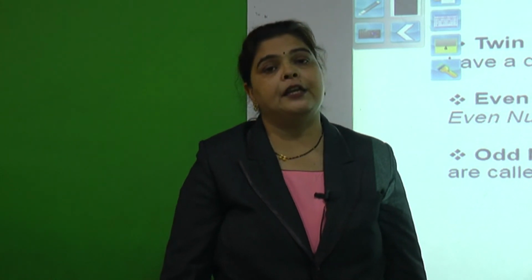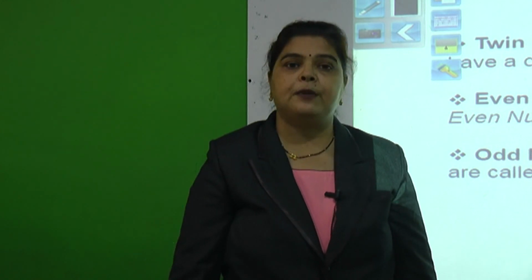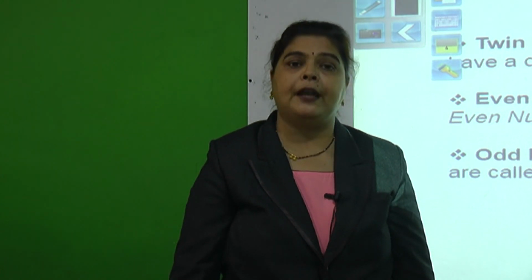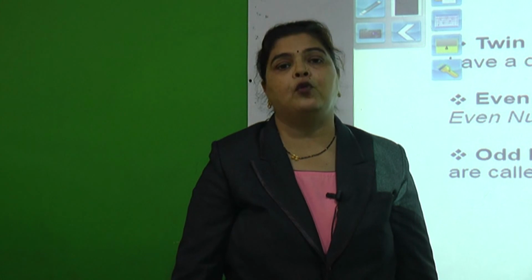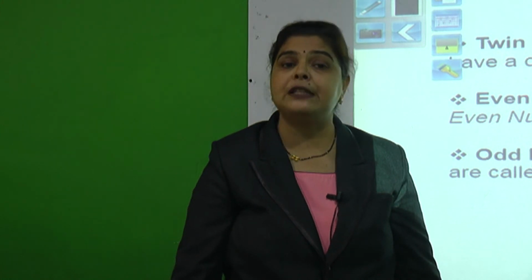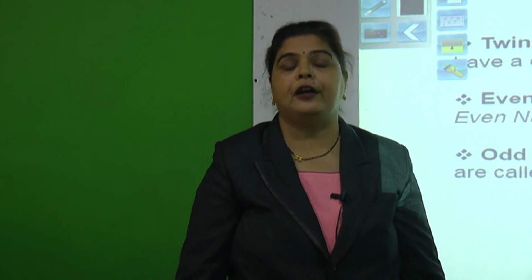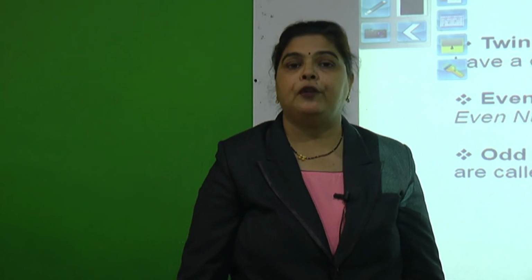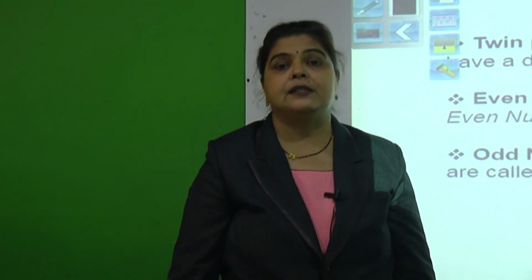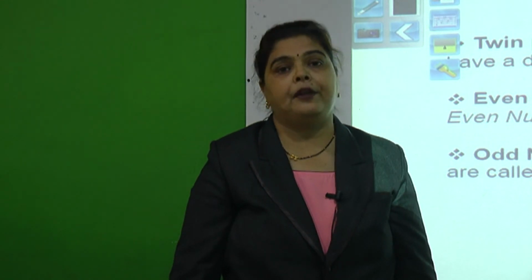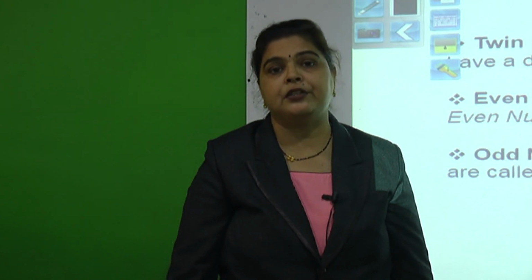Already we had seen in tabular form all the divisibility rules for one number only, that is, how to find the divisibility of a given single number. Suppose it is a 4-5 digit number, we can find whether it is divisible by 2, 3, 4, 5, 6, 10, 12, 15. In this way we have completed our chapter.